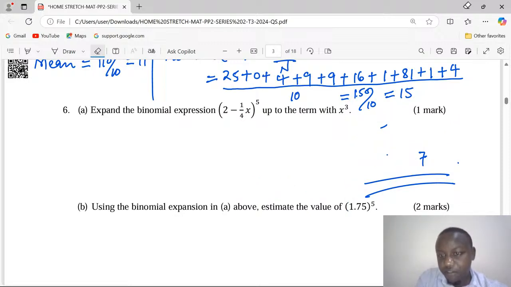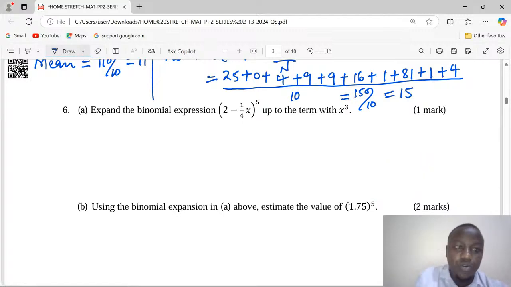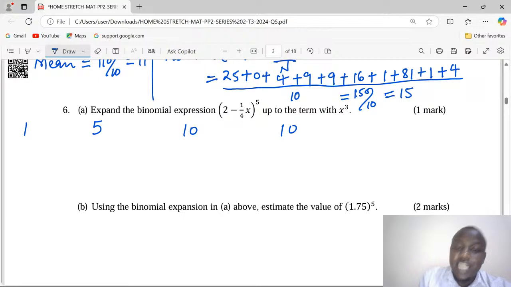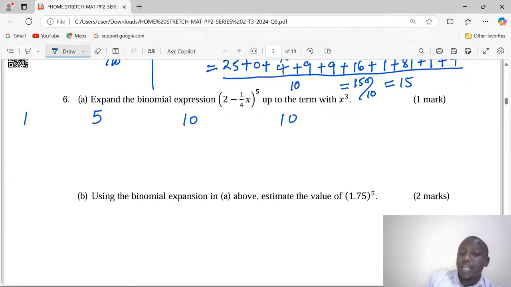That means the fourth term. So the first thing that I will advise a learner to do is to list the binomial coefficients of power 5. That is 1, 5, 10, 10. We just needed the first 4 because we are expanding up to the term with x power 3.